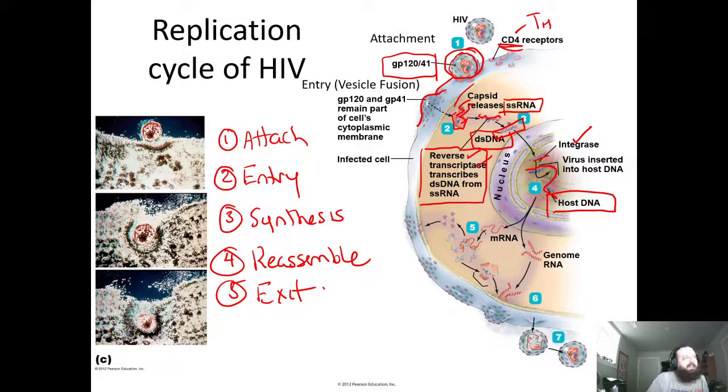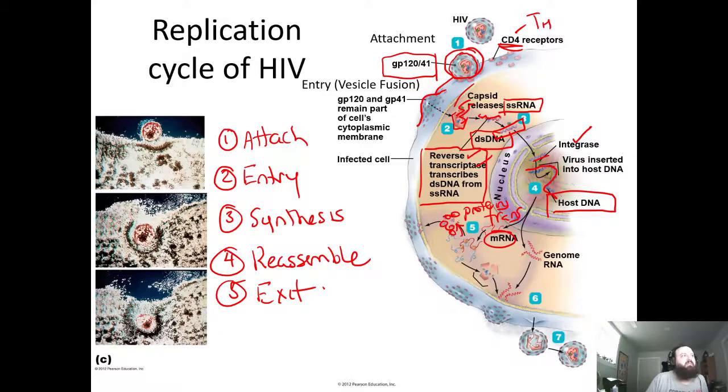Now we get into the synthesis stage. So if you've got host DNA, you can simply transcribe it into mRNA, which can then get converted into various proteins. Which proteins? Well, integrase, reverse transcriptase, protease, GP120, GP41.